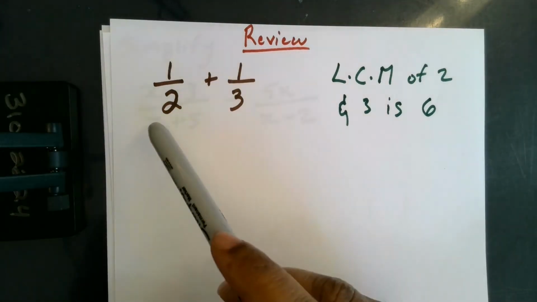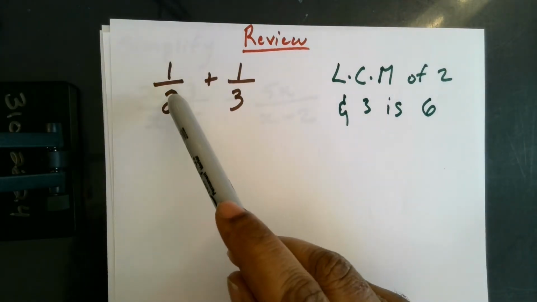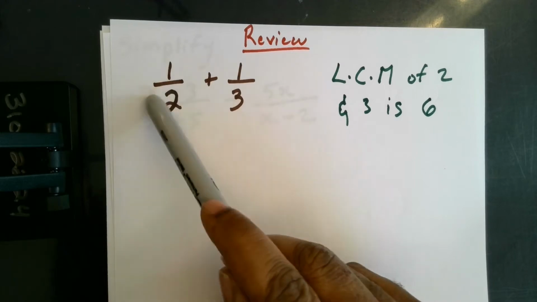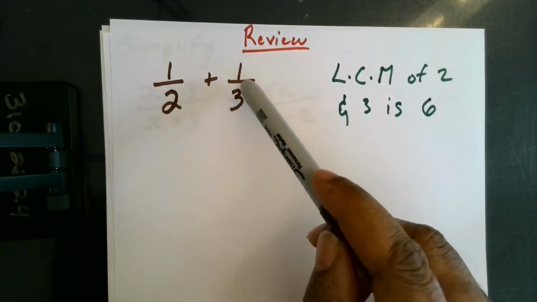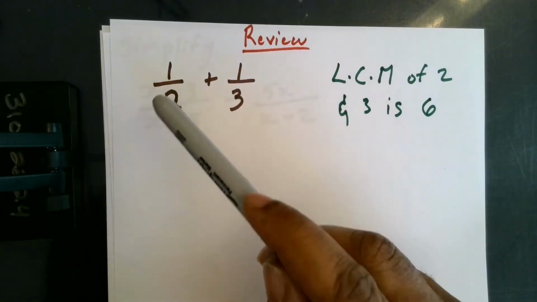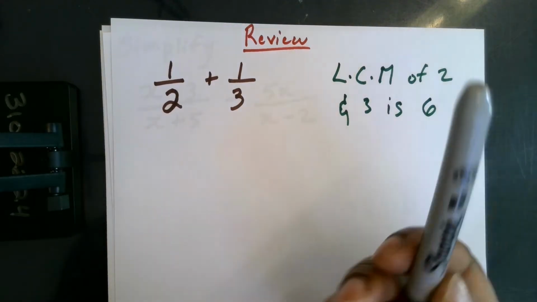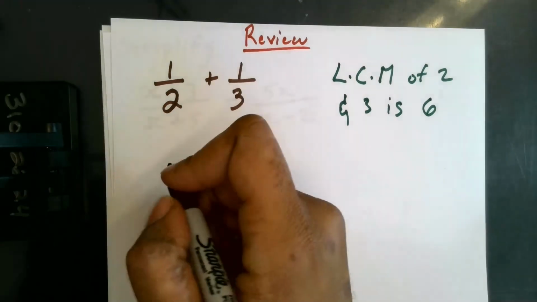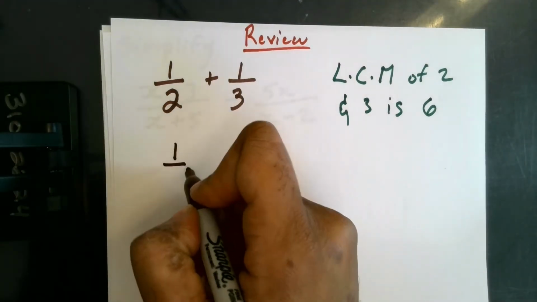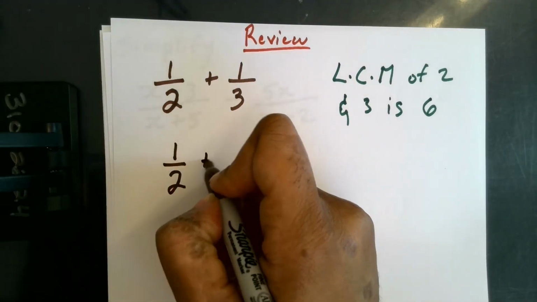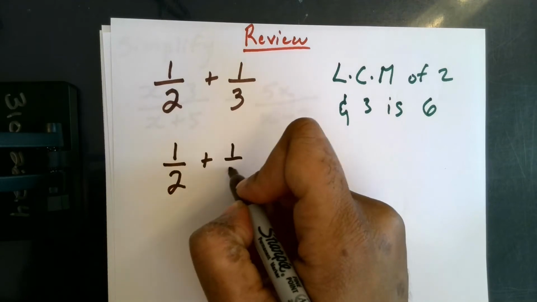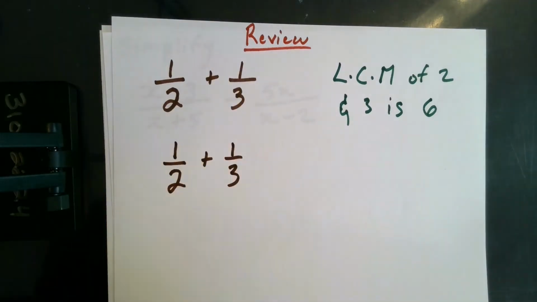Now we are going to transform the denominators to get 6. Okay, so I'll be using multiplication to do so.